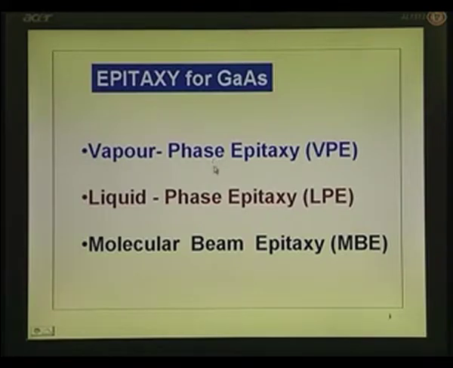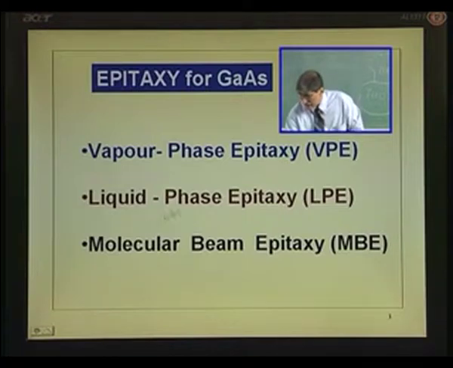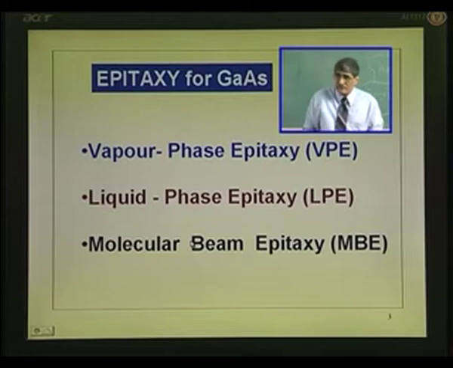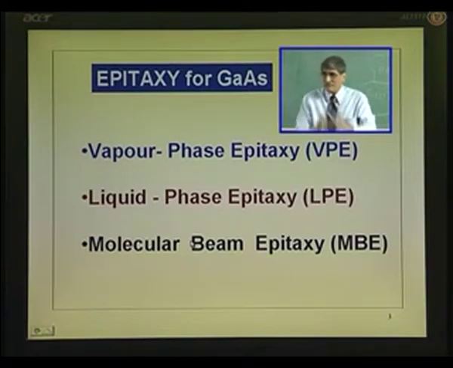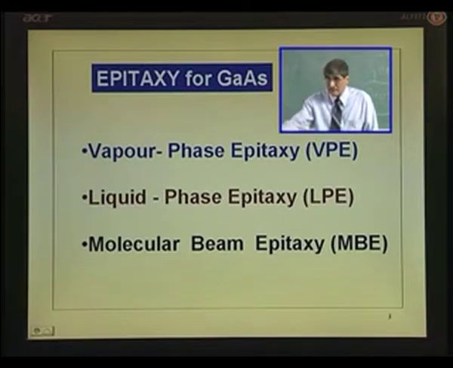In the liquid phase, it is actually precipitation from the liquid phase. You keep the substrate in contact with the liquid, and from the liquid, you precipitate those constituent elements. That is liquid phase. Whereas in molecular beam epitaxy, there is physical transport of gallium and of arsenic in the form of a beam. That is why it is molecular beam.